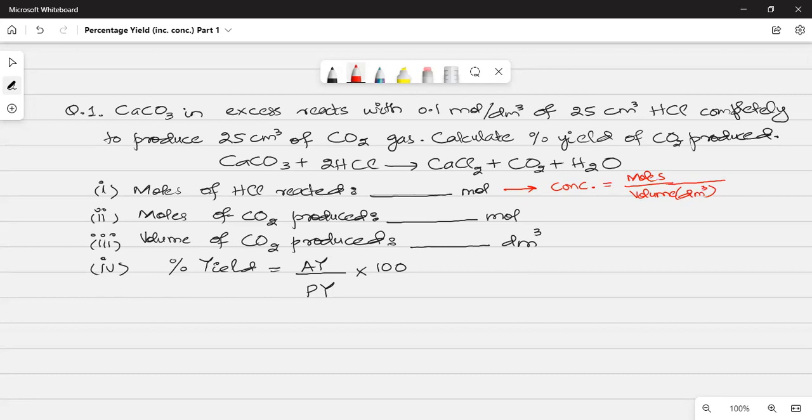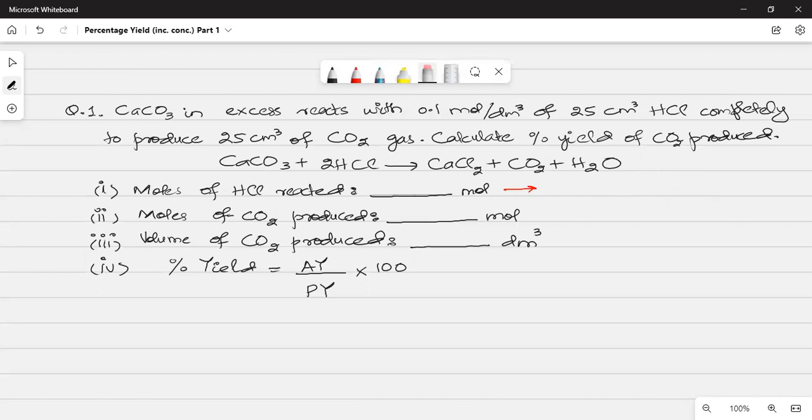Why? Because the concentration is already given, 0.1. The volume is already given, 25, but unfortunately that is in centimeter cube. So you need to convert that into decimeter cube first. So before you put it over here, divide it by 1000 to convert it into decimeter cube, and then you can go on with this. So what I actually ask my students to do is something like this.